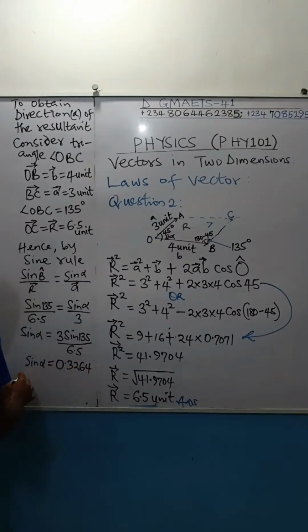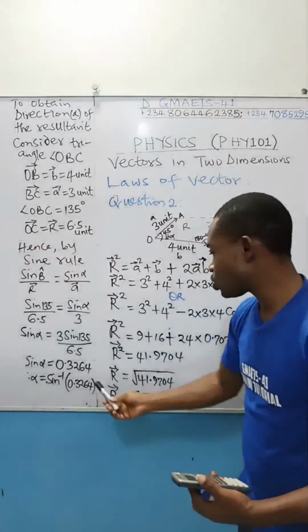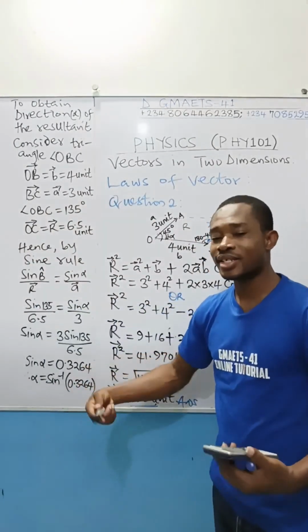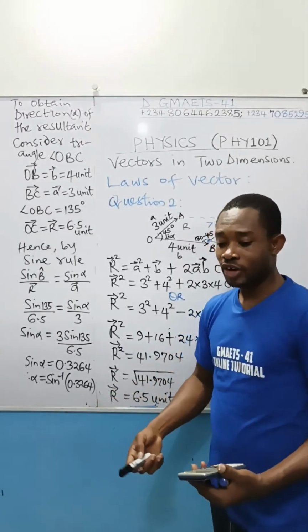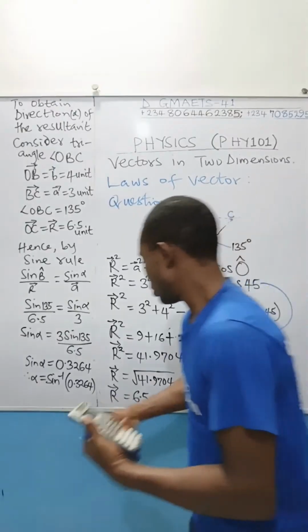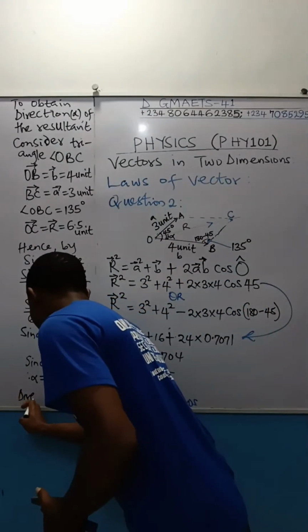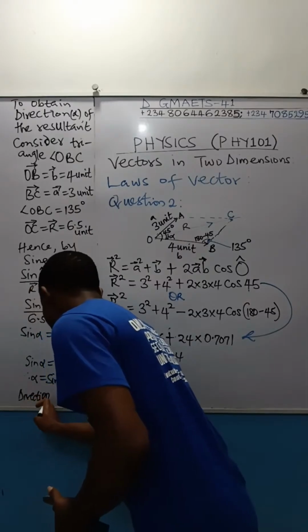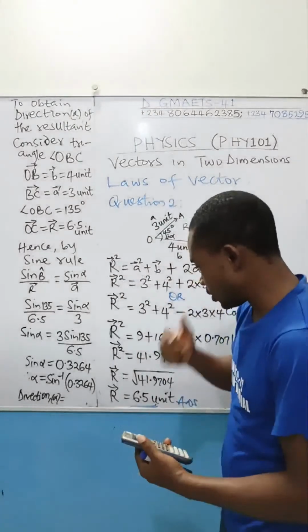0.3264. Therefore, to obtain the direction, alpha is going to be sine inverse, or arc sine, of 0.3264. Sine inverse is the same as arc sine, cos inverse is arc cos, tan inverse is arc tan. So the direction alpha, let's find out how many degrees.